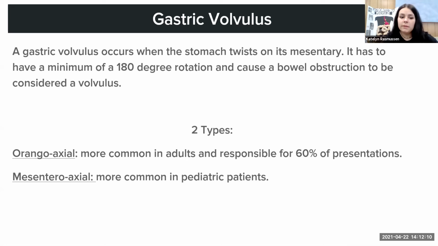It has to have a minimum of 180-degree rotation and cause a bowel obstruction to be considered a volvulus. There are two types of gastric volvulus. The first is the organoaxial, which is more common in adults and is responsible for 60% of presentations. The one more common in pediatric patients is the mesenteroaxial.